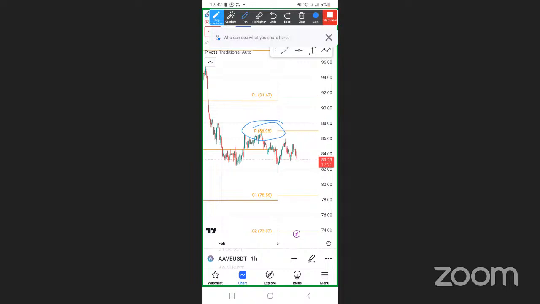Now, the resistance is at this. No, the support. Okay, S1, support 1.